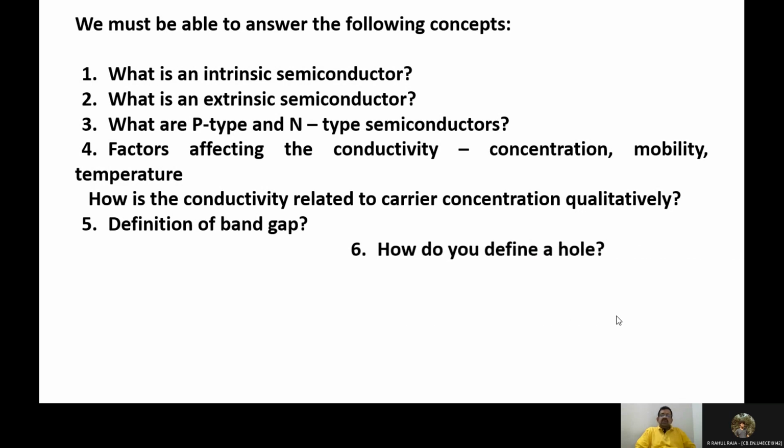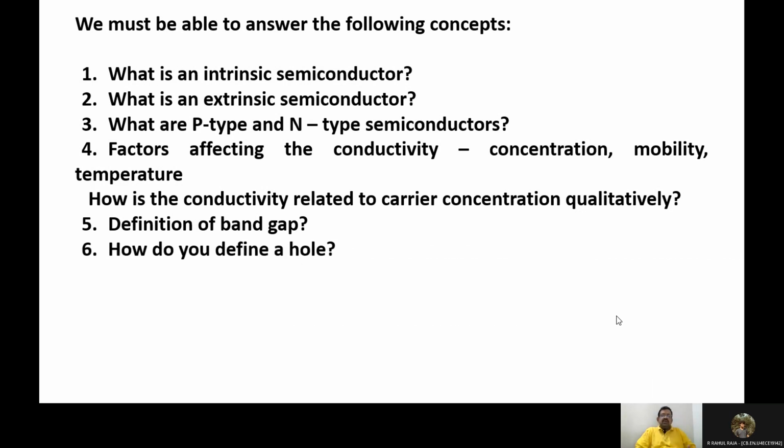So how do you define a hole? We have already seen that a hole is nothing but a vacant state created in the valence band in an otherwise completely filled valence band. I already told you that any material, for example the semiconductor at 0 Kelvin, behaves perfectly as an insulator, because all the electrons are in their ground state, that is the valence state.